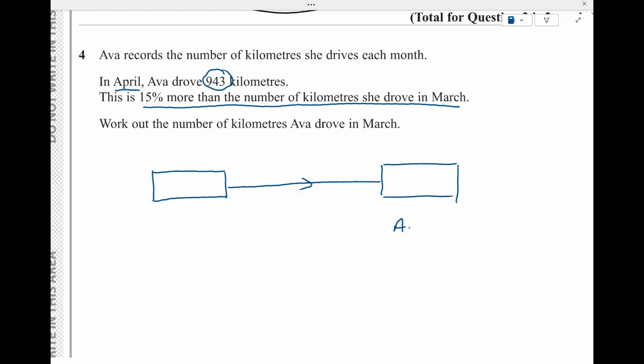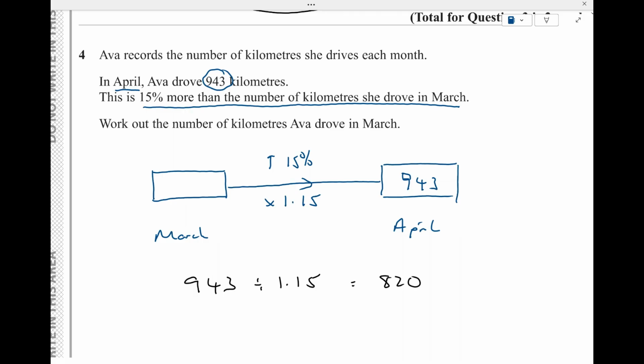This is April, and we know that in April she drove 943 kilometres. This is March. We don't know what she drove there, but we know that when you increase that by 15%, i.e. when you multiply it by 1.15, you get 943. So I'm going to do 943 divided by 1.15. 943 divided by 1.15 gives me an answer of 820 kilometres for March.